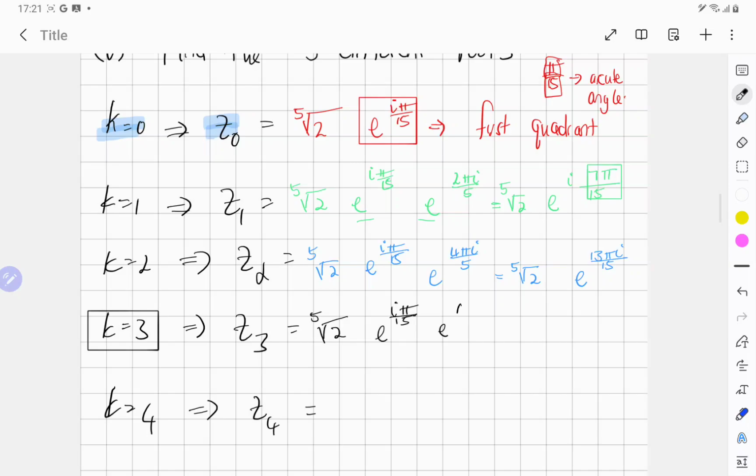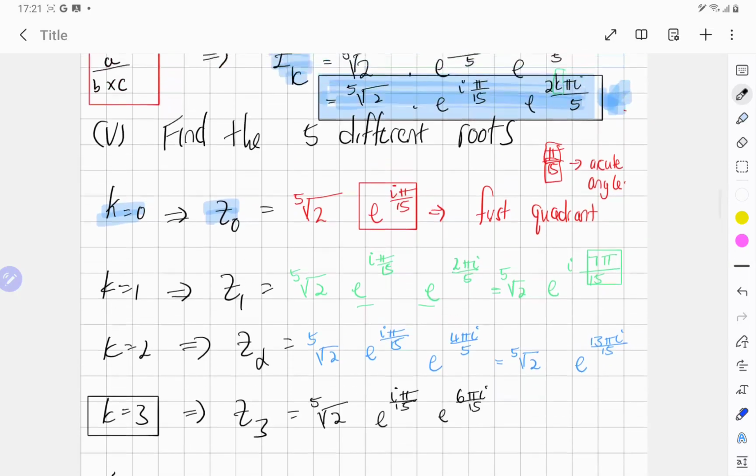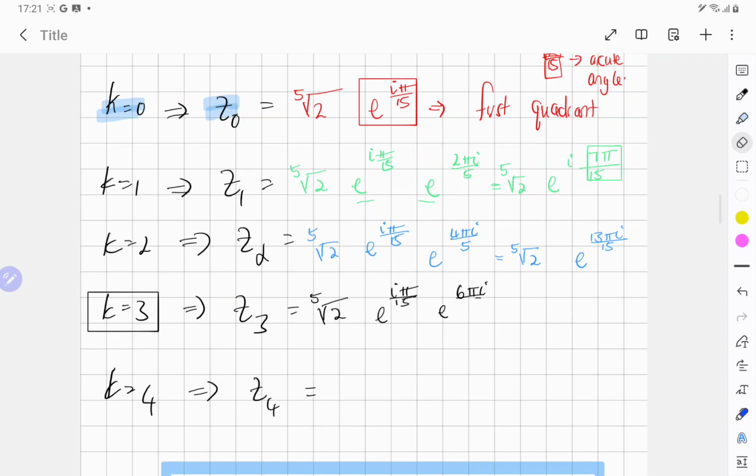So we get 6 pi i over 5, not 15. Our bases are the same. We add the exponents. We will get 19 pi i over 15.